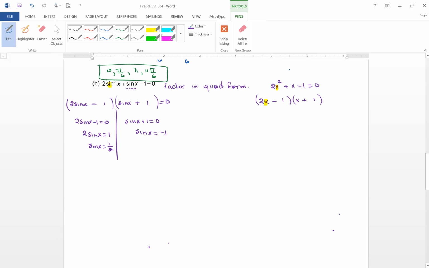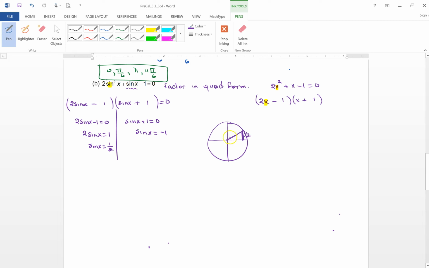Okay? Now, on the unit circle, I want sine to equal 1/2. That means sine is the vertical side. The vertical side needs to be 1/2. If the vertical side is 1/2, that's the smaller side, what angle must it be facing?